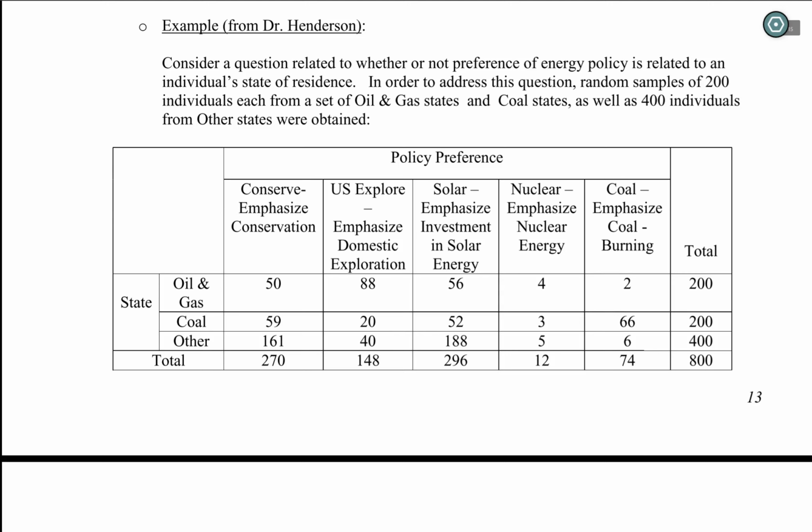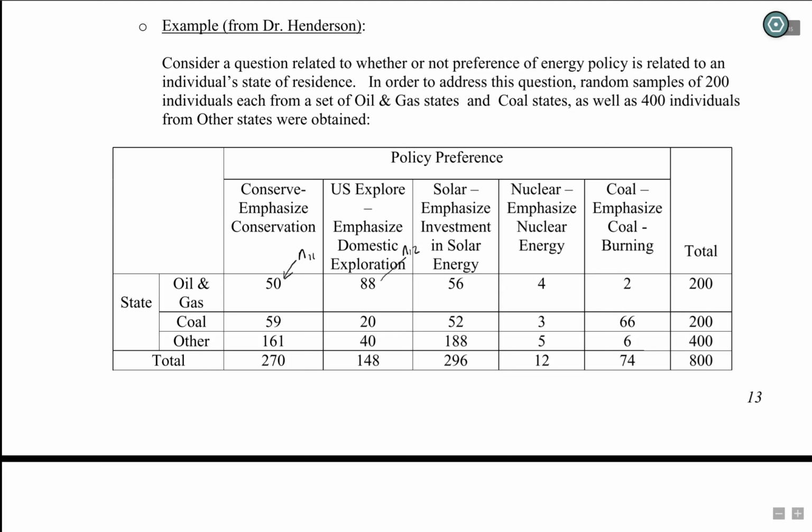I'm going to give some notation to this contingency table. N11 would be 50, N12 would be 88, and so forth.